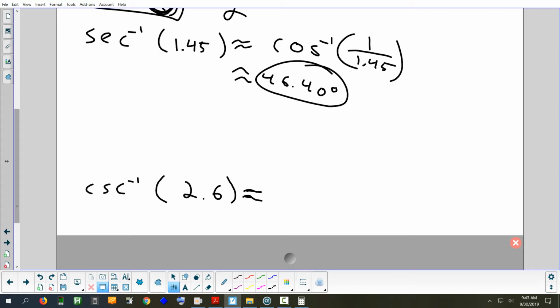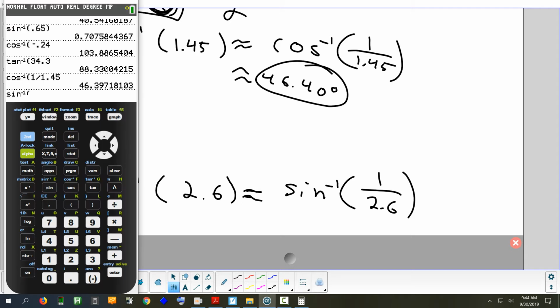Yep, you're going to have to use the inverse sine button, because remember, sine and cosecant go together. But you can't type in 2.6. What do you have to type in? 1 over. Yep, you have to flip it. Not the whole thing. Just what's inside parentheses. Okay, so inverse sine, 1 over 2.6. And you get about 22.62.